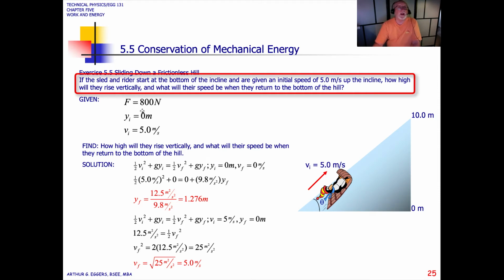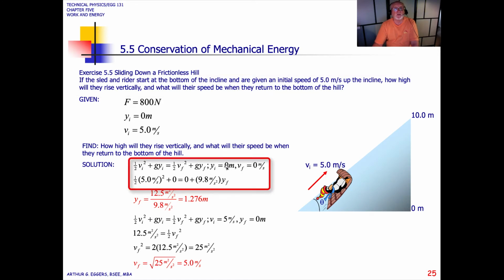Okay, so a lot of this stuff is the same, except for the fact that at the bottom, we have an initial velocity of 5 meters per second. So again, we start with our simplified relationship, determine where we can put our zeros in. The initial height is 0, the initial velocity is 5. The final velocity will be 0. That's when it'll come to rest.